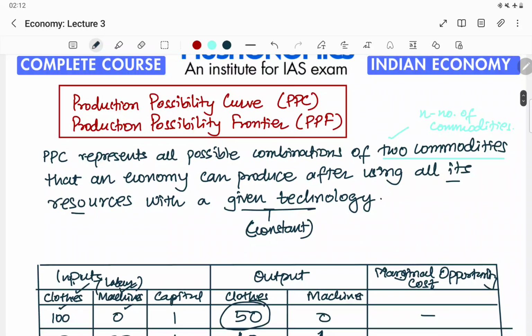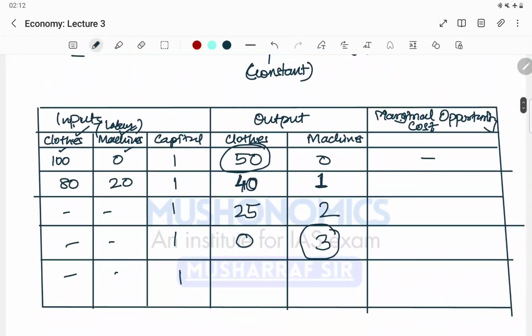The definition of PPC is that it represents all possible combinations of 2 commodities, but here that is only 1 commodity, 0. So no marginal opportunity cost. To produce 1 extra unit of machine, how much clothes have we sacrificed? 10 clothes, right?